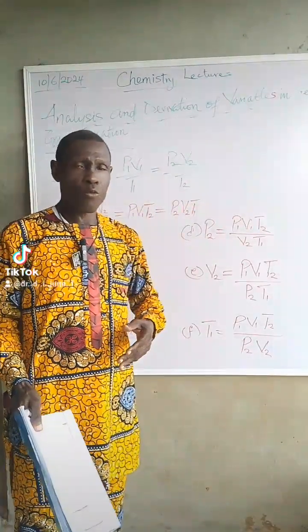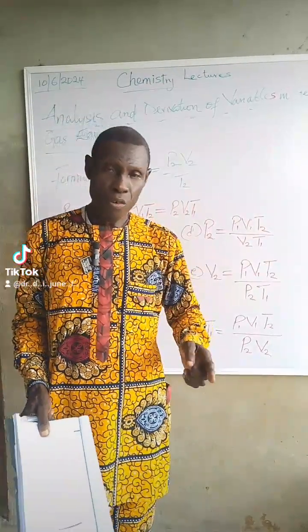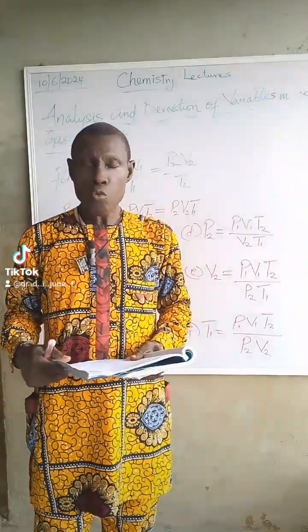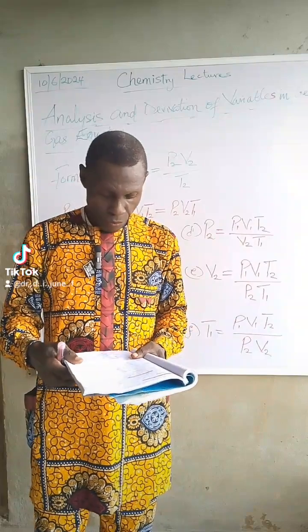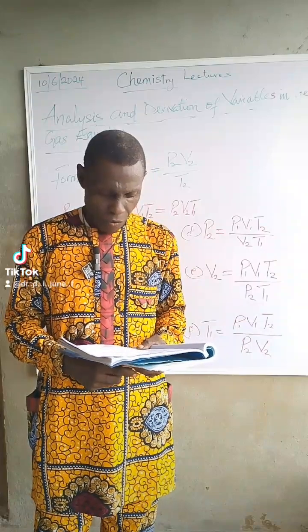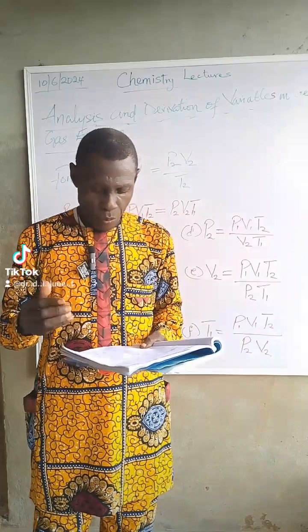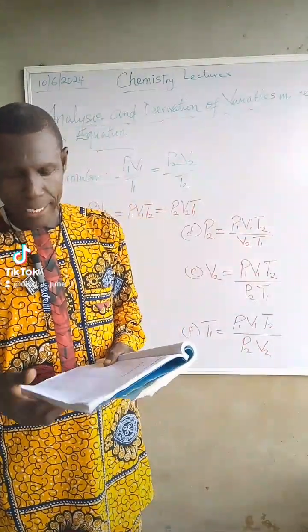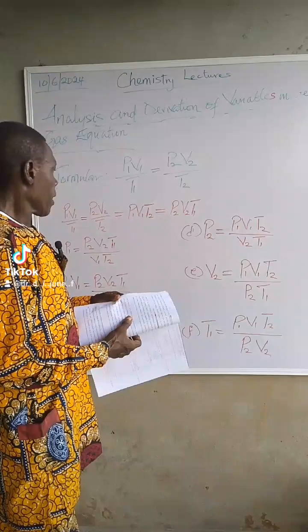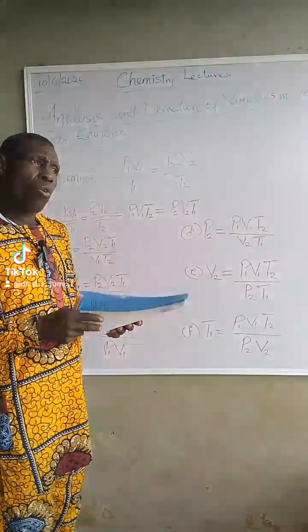All these parameters could be requested by an examiner. So if you are asked to do so, what will you do? These variables can be calculated mathematically. Now, the big question is how do we do that?